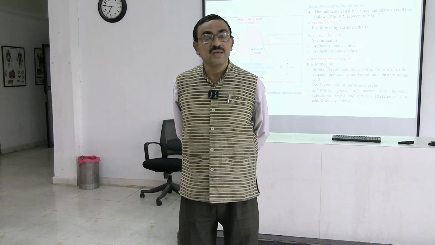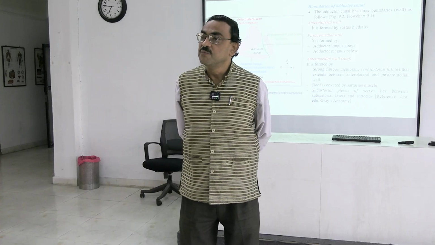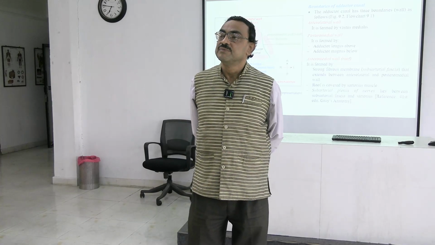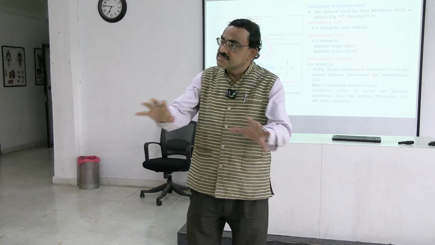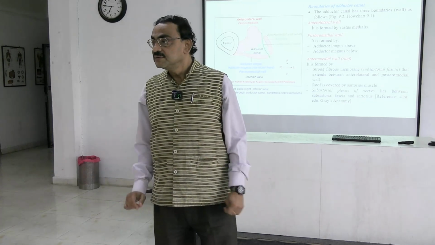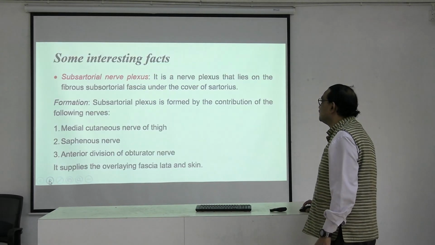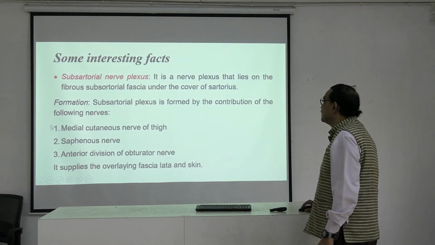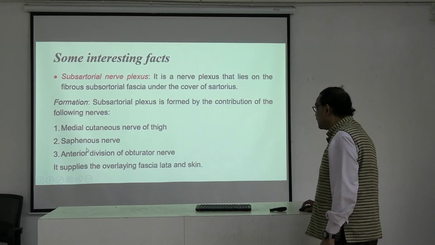Just below the sartorius muscle we get the subsartorial fascia, where we get the subsartorial plexus of nerve. So as a whole, these structures form the roof of the adductor canal. This is the extent, so we know this subsartorial plexus, and this is the obturator nerve, medial cutaneous nerve and saphenous nerve. Okay.